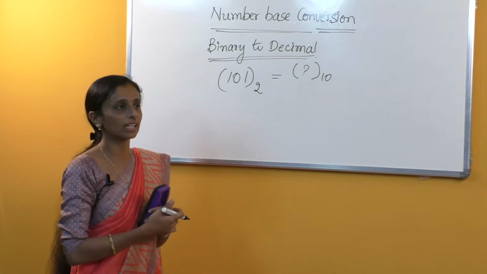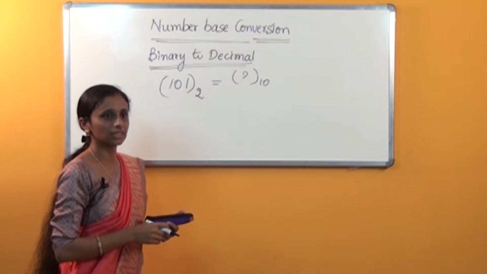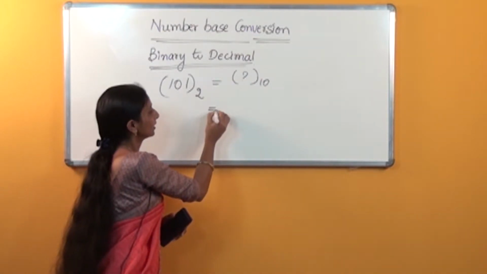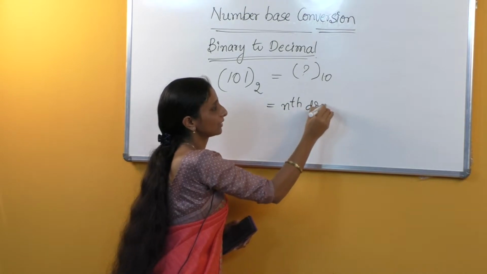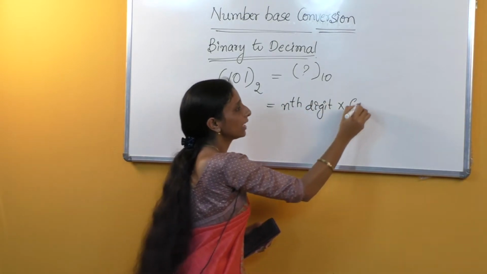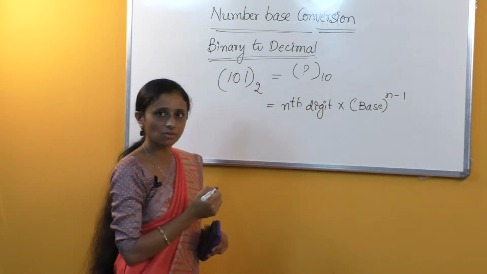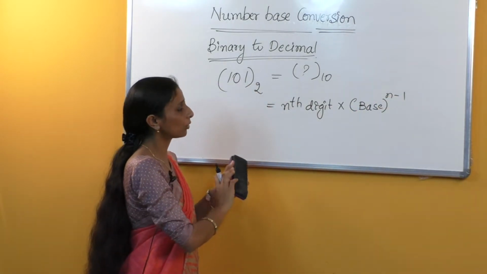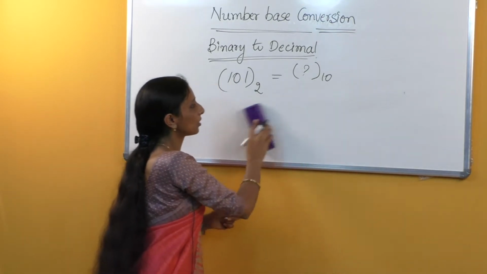In general we can write the positional weight of the nth digit of a number as the digit into base to the power n minus 1. This is the method we have to use to solve this. So let us see how to solve this number.